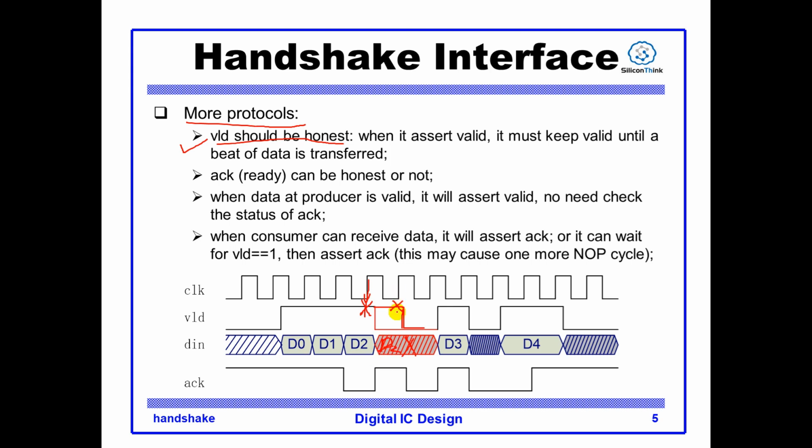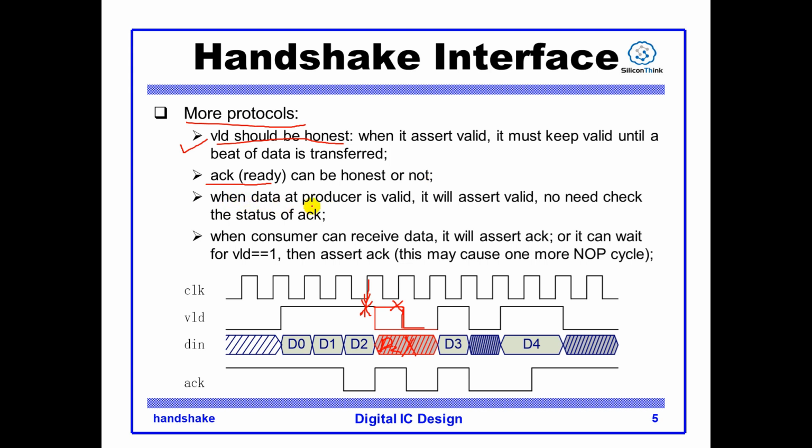After data 2 is received or transferred, you can drop valid and change the data to any value. And for ACK, it can be honest or not. For the sink, or you can say for the receiver, it's flexible.